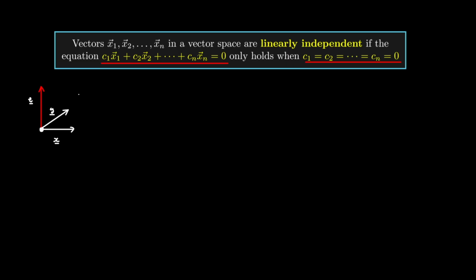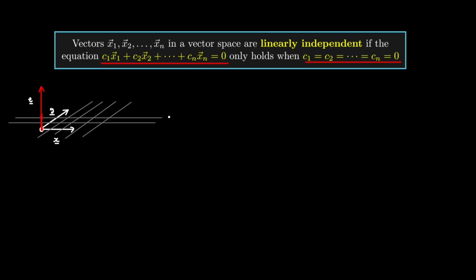And basically, the reason for this is that if I take any 2 of the vectors and I form the plane, so let's try and form the plane here. The x and the y would form a plane that looks something like this. And the point is that the red vector, it doesn't lie on the plane.